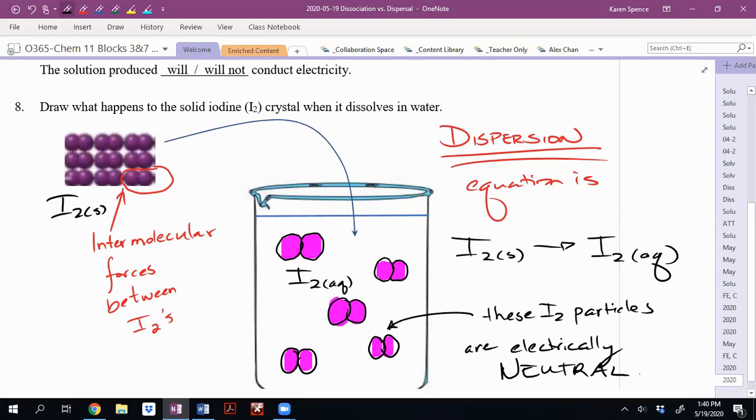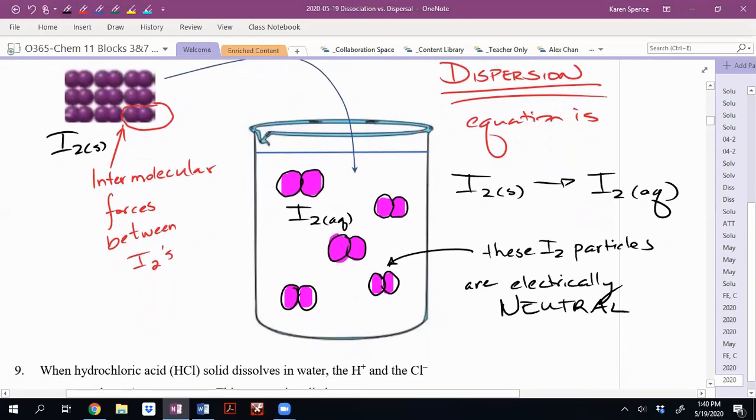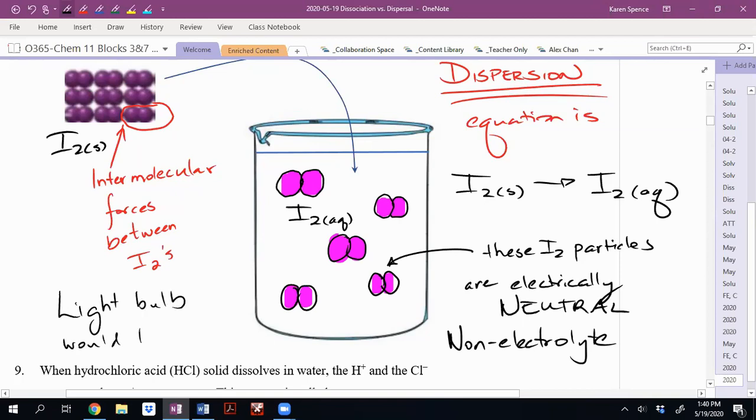And so will this conduct electricity? Not at all. No. So this is a non-electrolyte because there's no charged particles. So if I were to stick my conductivity apparatus in there, the light bulb would not light.